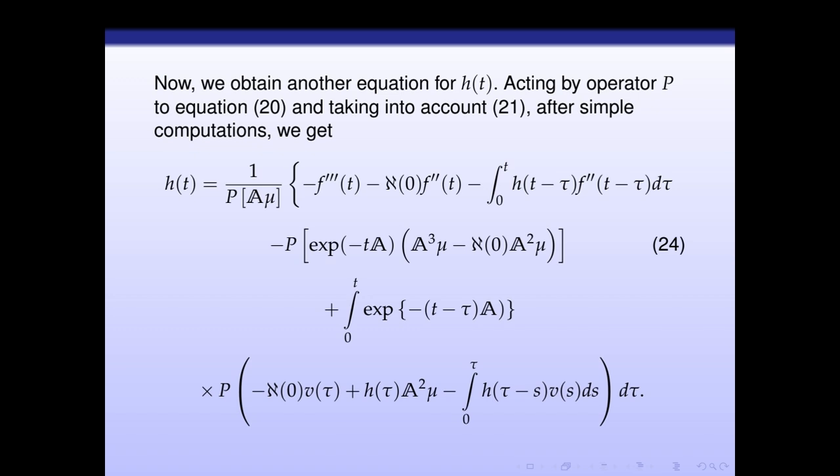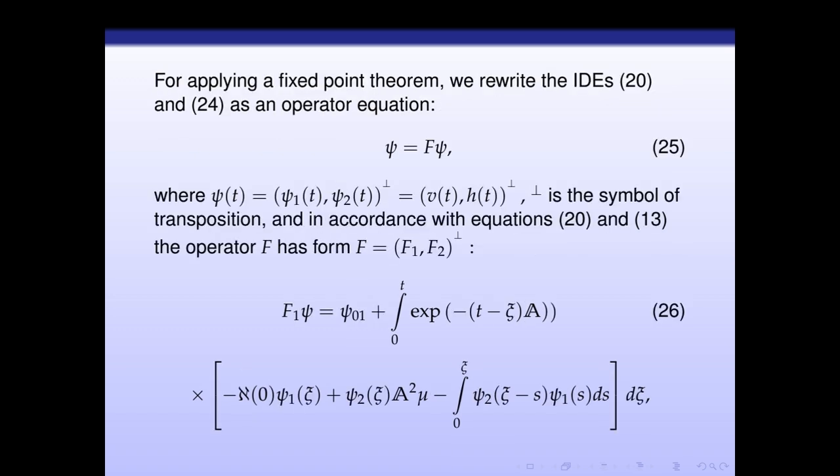For applying the fixed point theorem, we rewrite integral differential equations 20 and 24 as an operator equation: xi equals phi of xi. Here xi of t is a vector function, an abstract function, and the symbol denotes transposition, in accordance with equations 20 and 13.